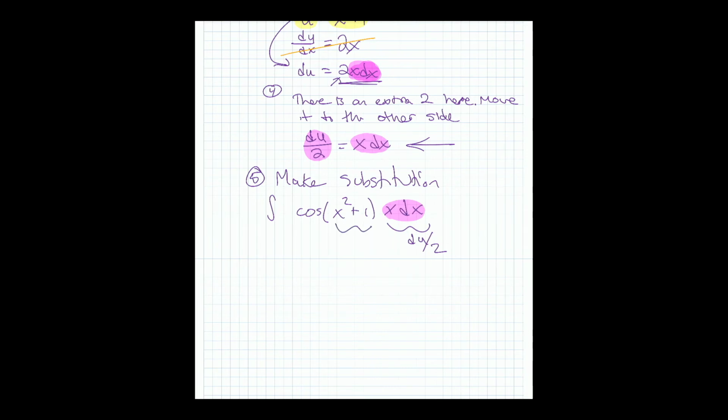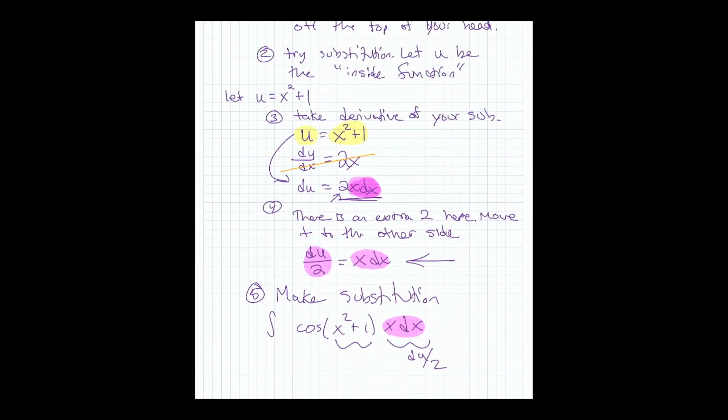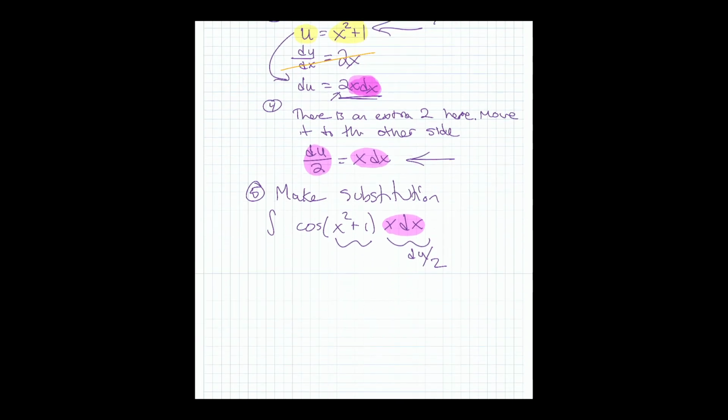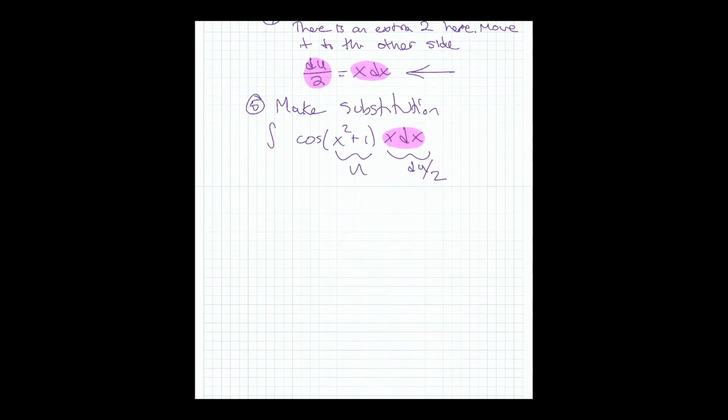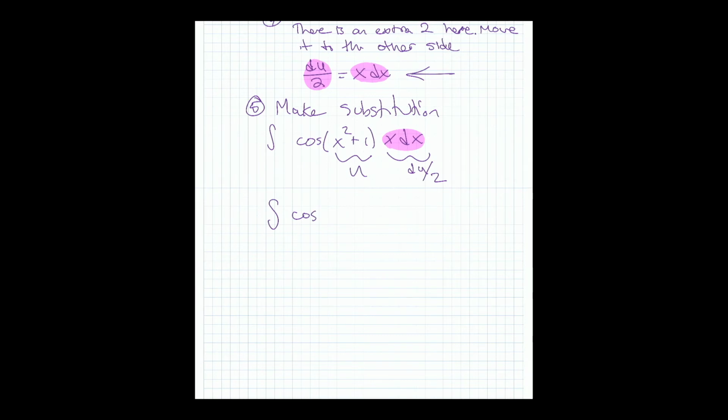And the x squared plus 1 happens to be equal to u. It's written right here. All right, so our integral becomes the integral of cosine u du over 2. Or if we take the 1/2 and move it out of the integral, like that. Well, now the integral suddenly looks a lot simpler than it did.